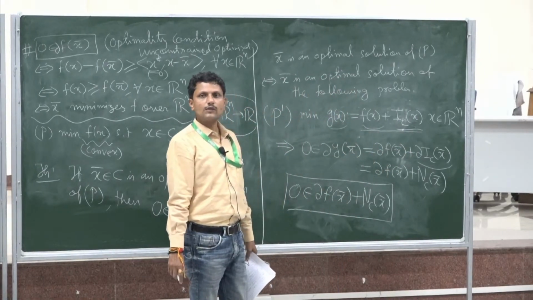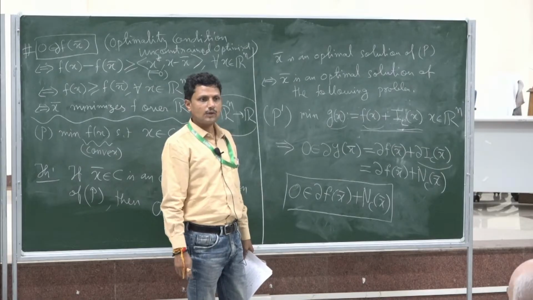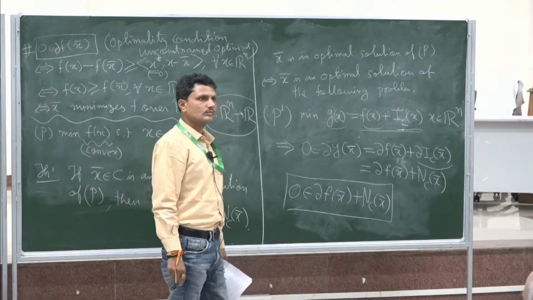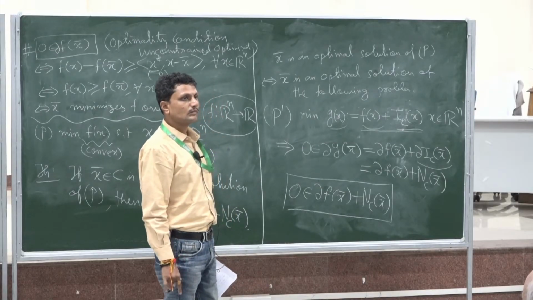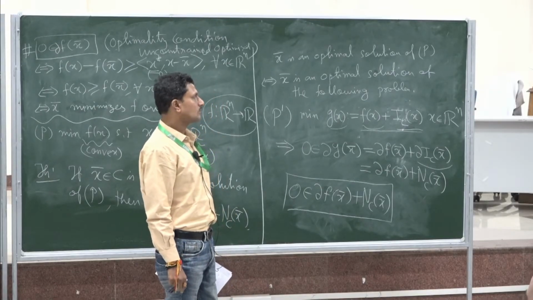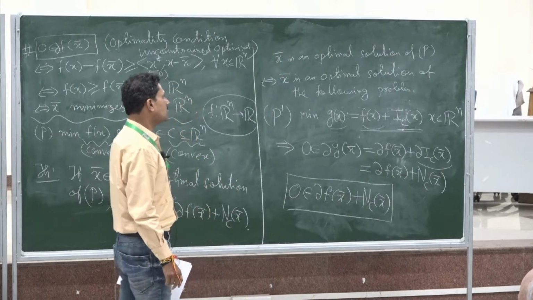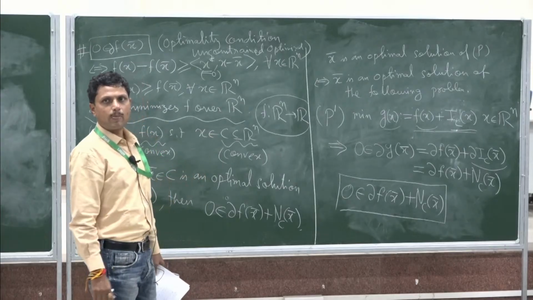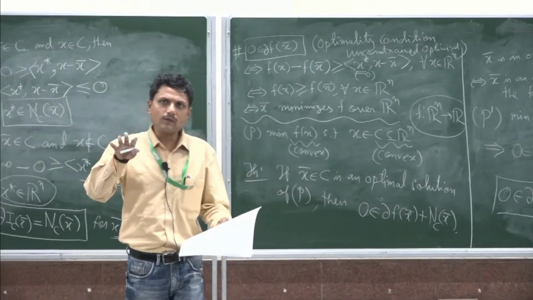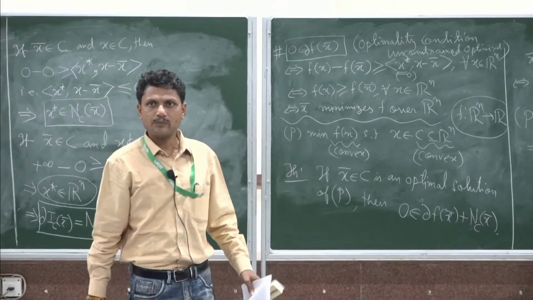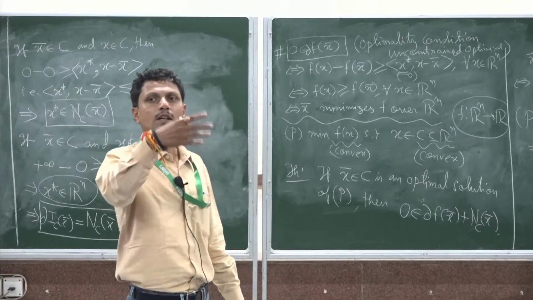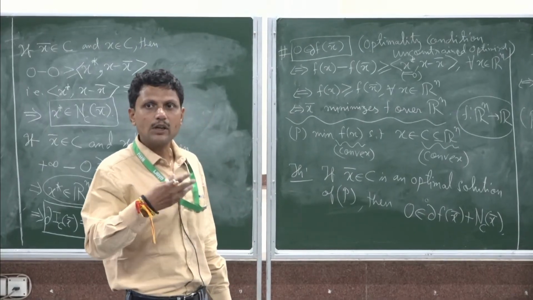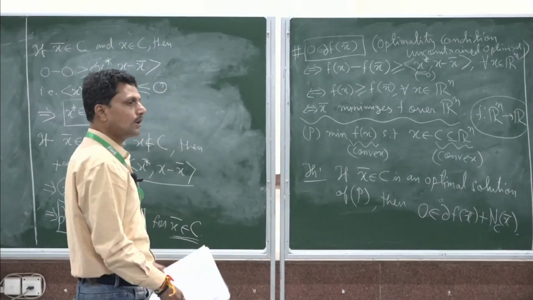If f is not defined on Rn, then this sum is not defined. Yes, that can be, but this is well defined. So we don't have to bother about whether f is defined over C or not. Even if it is defined over C, we can extend by using this indicator function. That is why we are using this indicator function, right?